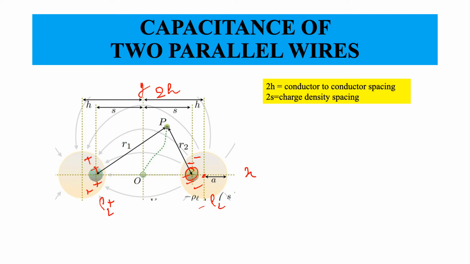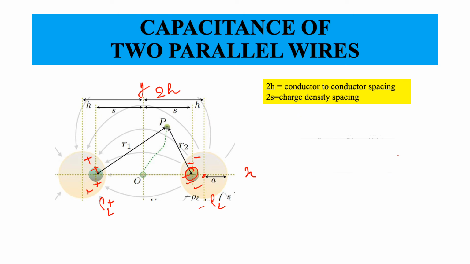Well, to proceed I need to use the potential. I need to find the potential at point P on the xy plane. Now these are two cylinders, so the potential would obviously be the superposition of two potentials. So consider only one cylinder at a time. Let's say the positive rho L cylinder, we will consider at a time.